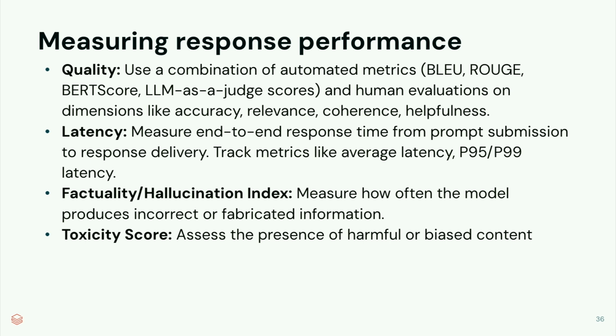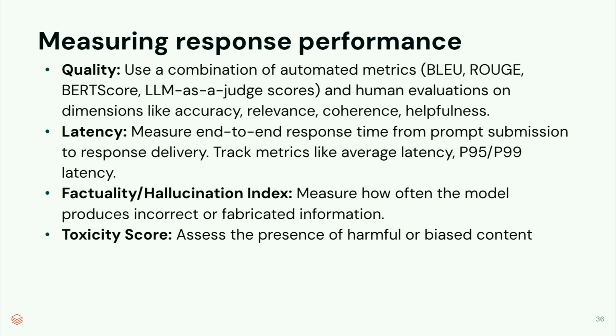One is to have quality metrics using automated ones like BLEU, ROUGE, or LLM as a judge, which is used a lot right now because these are subjective evaluations as compared to the discriminative evaluations in the pre-LLM era. And then having a human in the loop to assess different rubrics: accuracy, relevance, coherence, and whether you are still maintaining those rubrics after deploying the LLM router, compared to earlier when using only one LLM API.